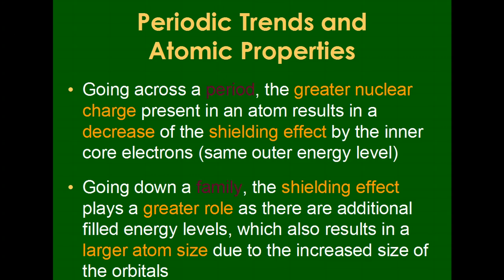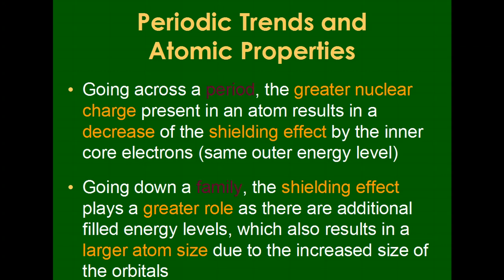As that charge increases, the nucleus is less likely to give up those outermost electrons. It will pull them more tightly to it. So this is what yields, for some of our trends, an increase in energy required for electrons to be lost. It's what allows our atoms to become smaller as they go across.